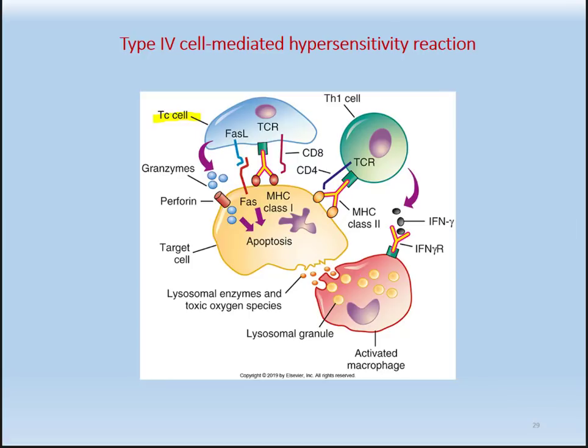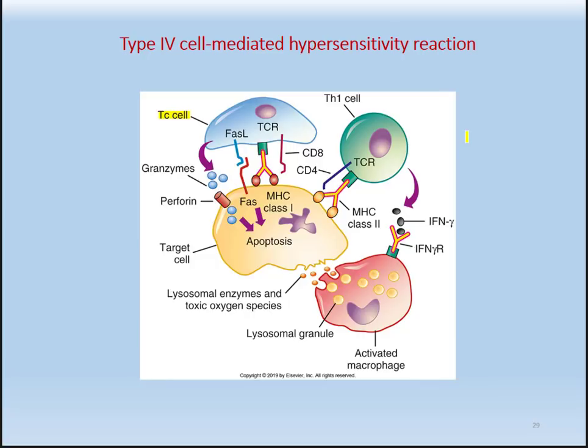Now, this actually happens in, for example, graft rejection. A graft is a piece of living tissue that is transplanted surgically. And if rejection happens, this can be a type of cell-mediated hypersensitivity reaction where the cytotoxic T cells end up binding to a target cell, let's say on a transplant, and almost trying to kill it and get rid of it.